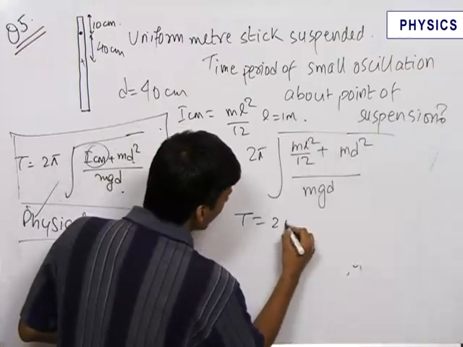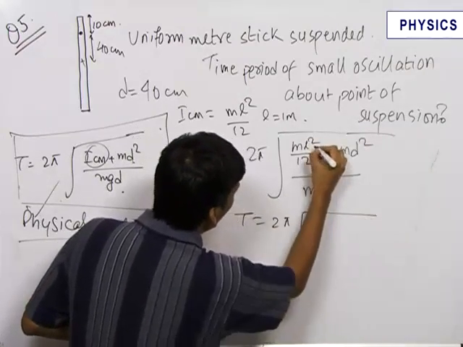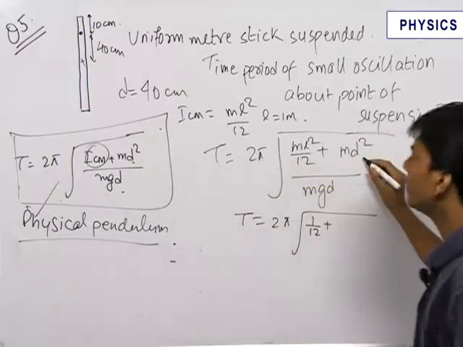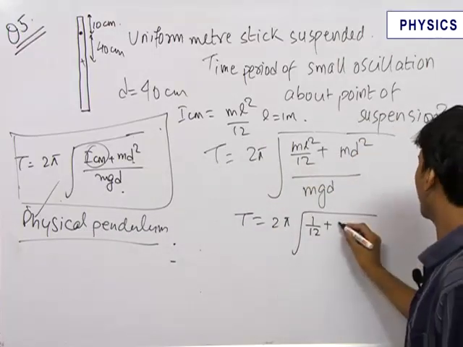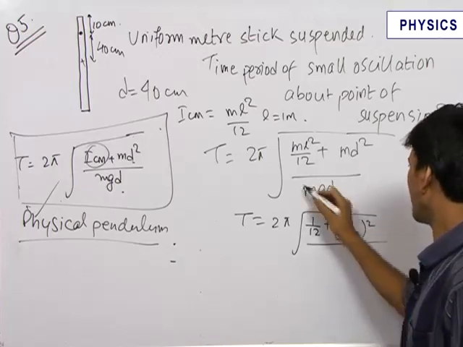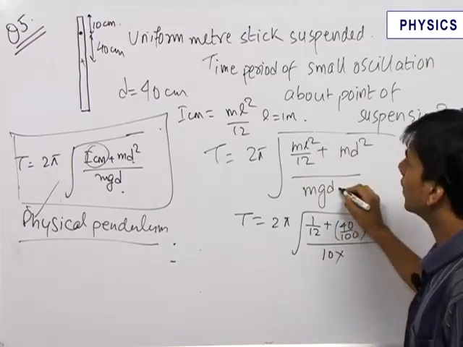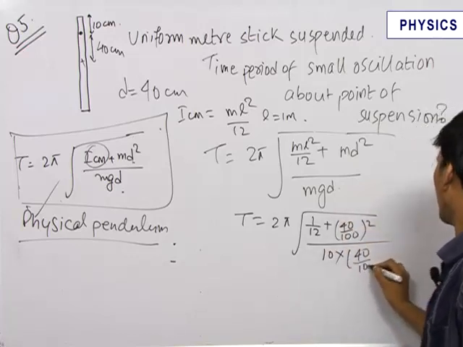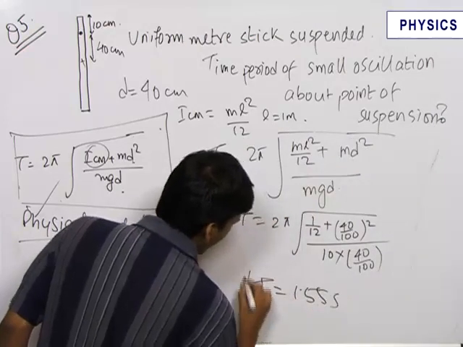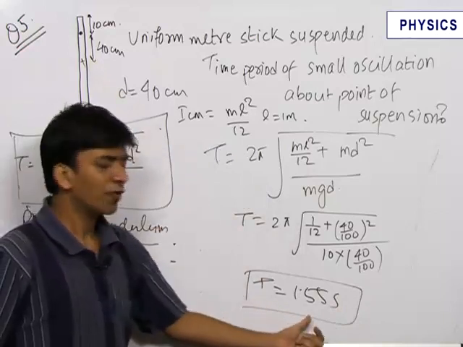Before substituting, we see that m cancels, so we can write this as L square by 12, L is equal to 1 meter, 1 upon 12 plus d square, d was equal to 40 centimeters, that is 40 by 100, whole square, upon g into d. d again is equal to 40 by 100. On solving this we get T is equal to 1.55 seconds. So the answer for the time period for this physical pendulum comes out to be 1.55 seconds.